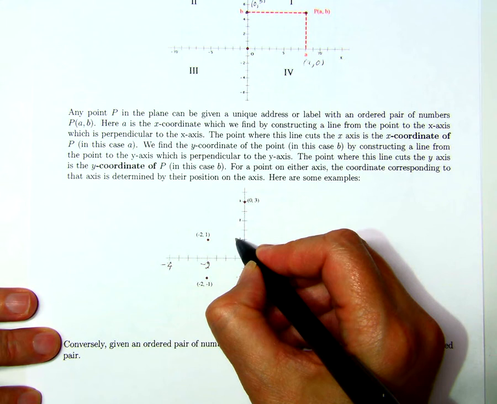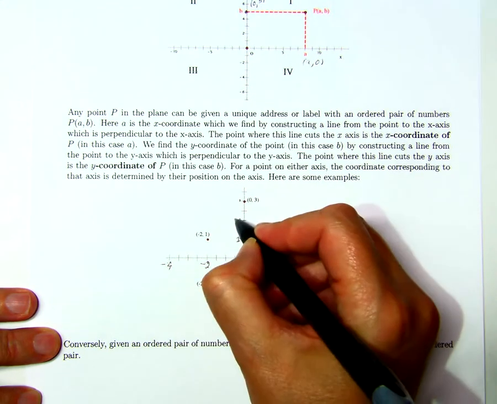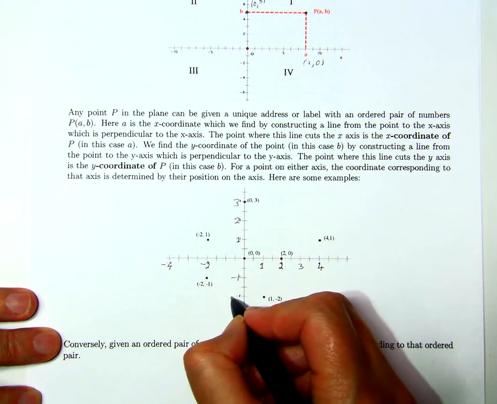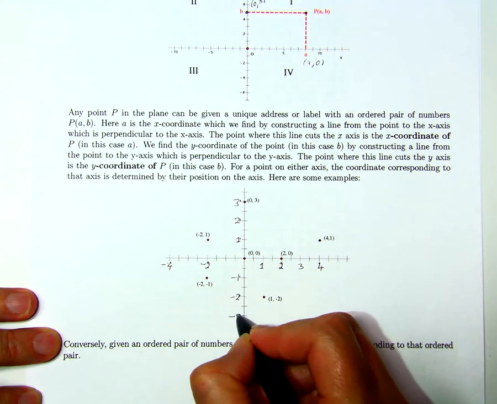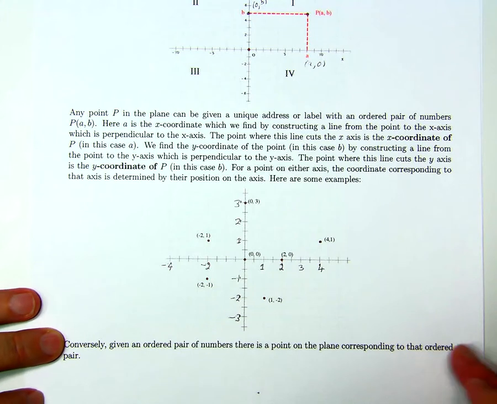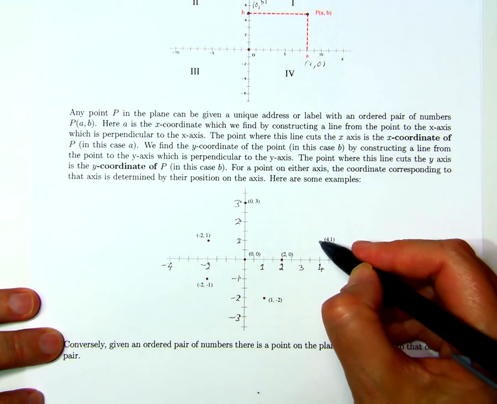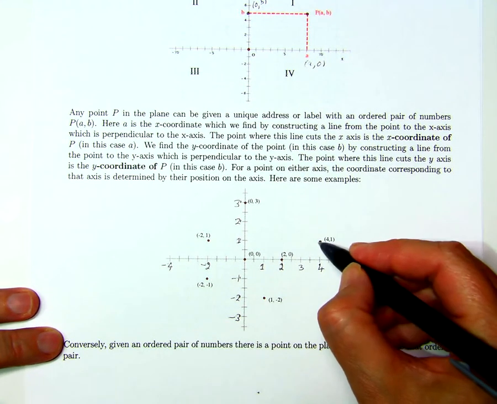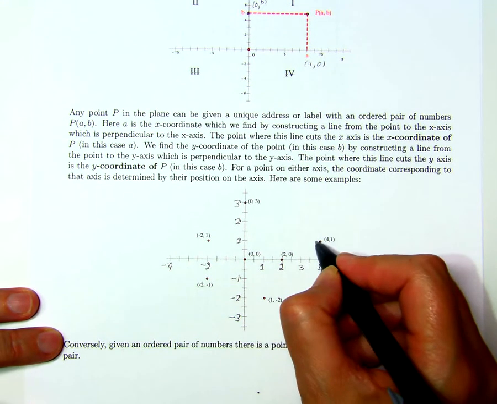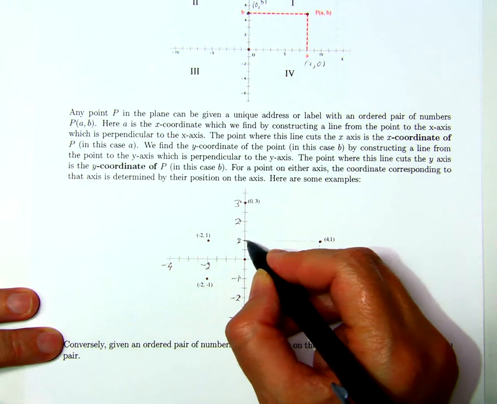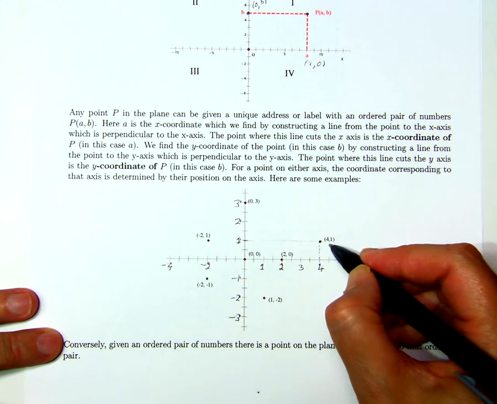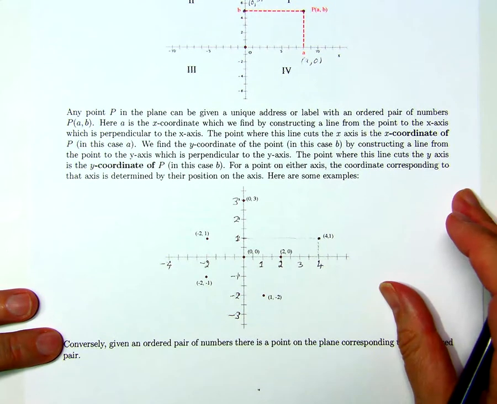Again, this is 1, 2, and 3. This is -1, -2, -3. So if I choose to look at this point, if I drop a perpendicular to the x-axis, I get a 4, and if I drop a perpendicular to the y-axis, I get a 1. So its x-coordinate is 4, and its y-coordinate is 1.